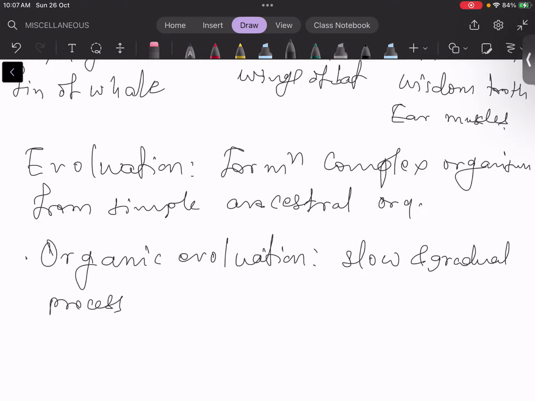Progenotes are further classified as what? Algae, fungi, bacteria. Already we studied. Algae are further divided as bryophyta, pteridophyta, gymnosperm, angiosperm. Then protozoans, lower invertebrates, and higher invertebrates. So this was a small chapter.